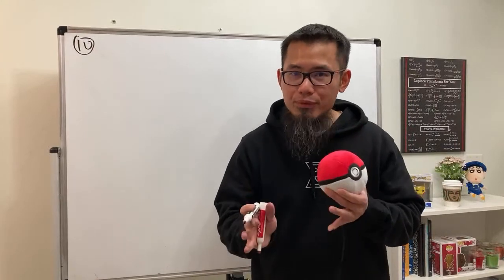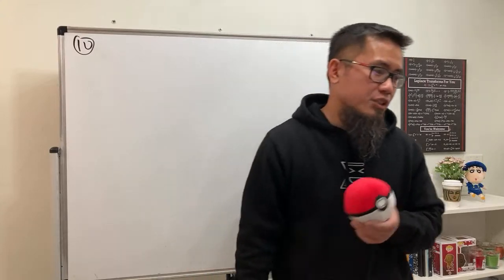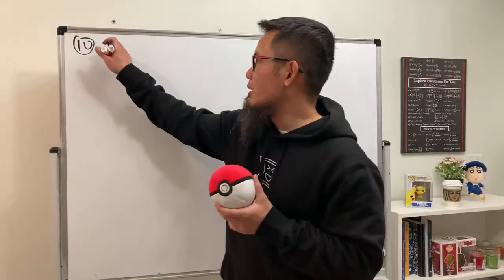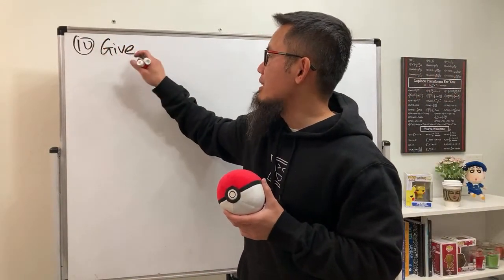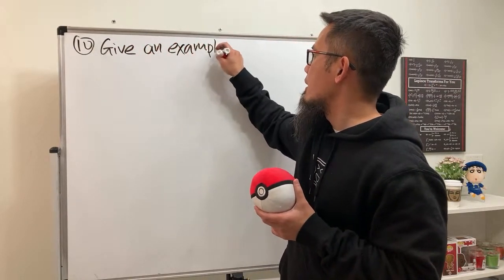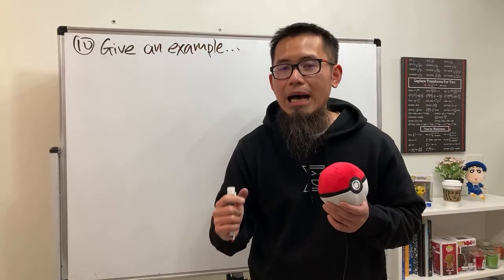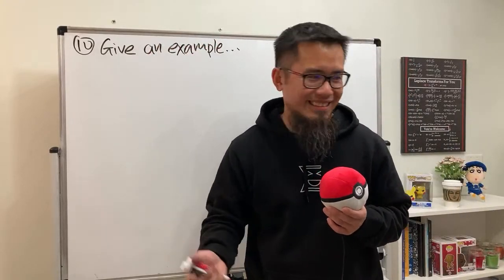you will really have to know the material if you are able to give an example of certain things. So for number 10, we are going to talk about examples, right? Give an example. I'm not asking you for the answer, I'm asking you for the question.